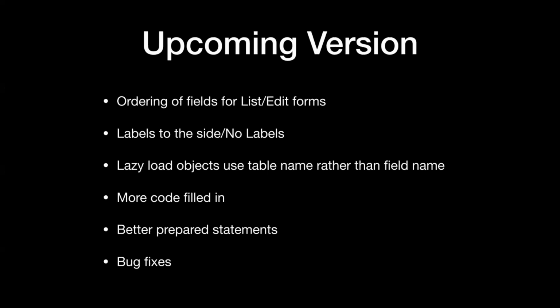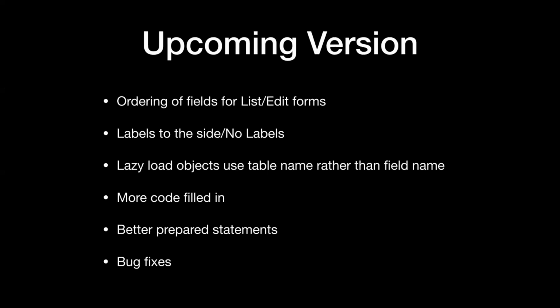We're now going to have labels to the side in addition to no labels. When we lazy load objects, we're going to use the table name rather than the field name. If you saw on the invoice, it was the invoice line item ID rather than the invoice line.